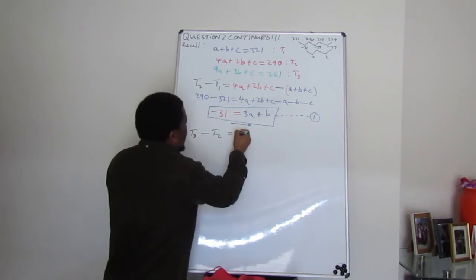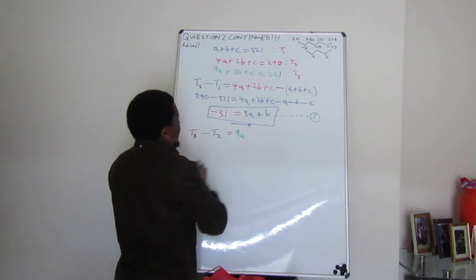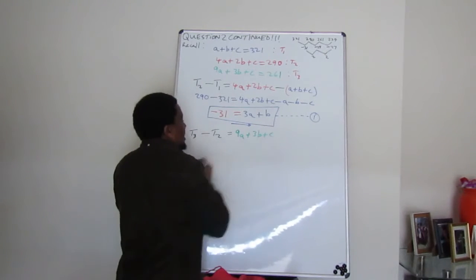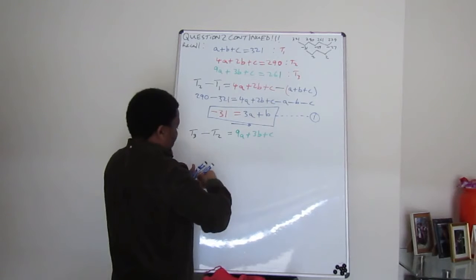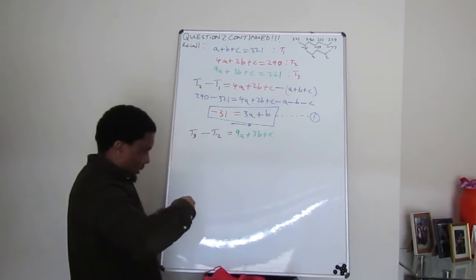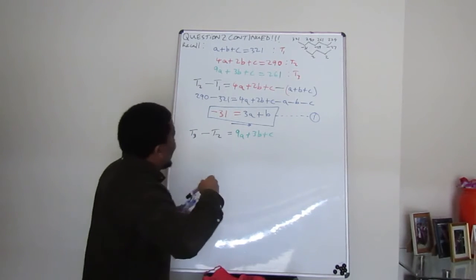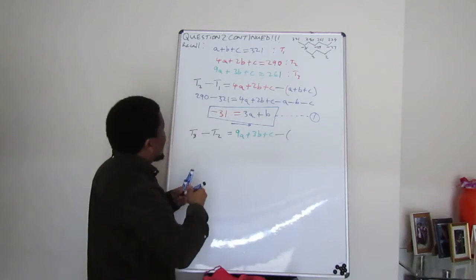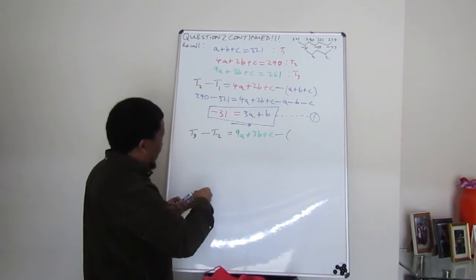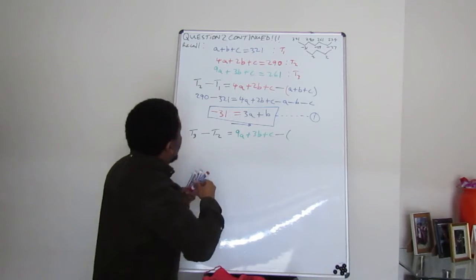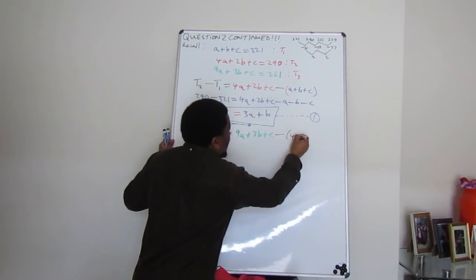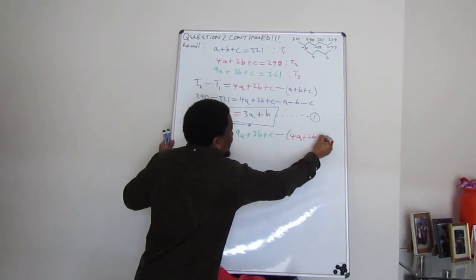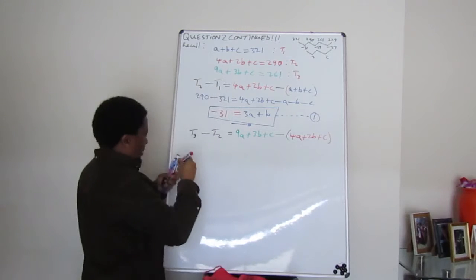My green is 9a plus 3b plus c. Beautiful. And then minus, brackets. What is term 2? Term 2 is 4a plus 2b plus c, close brackets.